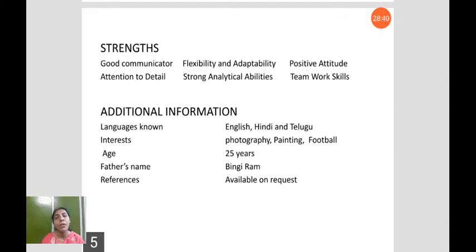People below the age of 25 are recommended, like that. So that's why you need to write your age. Then father's name, you need to write your father's name. These days mother's name has also become essential, so if you have written it, it's okay. Then references.